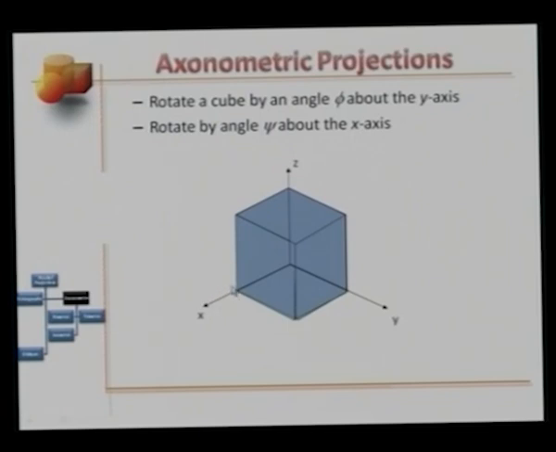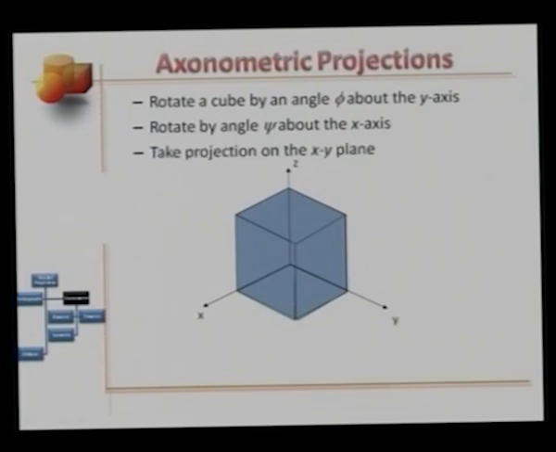This is again in the counterclockwise direction. And then we take the projection of the result on the xy plane, the plane formed by two orthogonal axes about which this object was originally rotated.